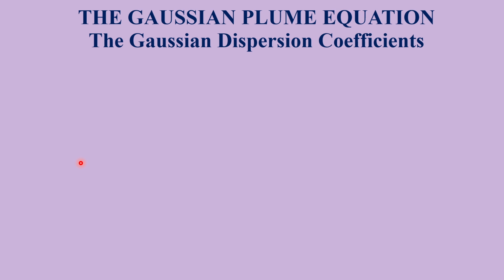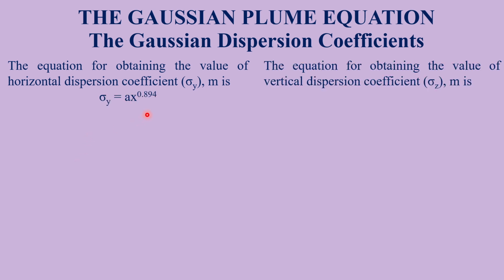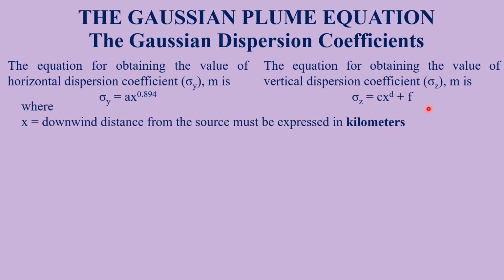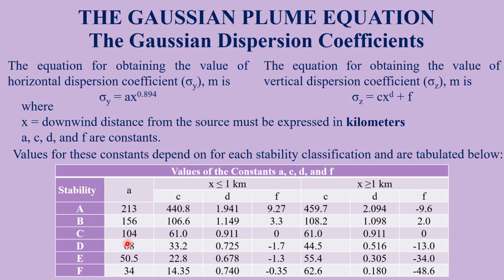Now, to estimate horizontal dispersion coefficient sigma y, we use this formula, and for vertical dispersion coefficient we use this formula, where x is the downwind distance from the source, which must be expressed in kilometer, and a, c, d and f are constants and they depend on atmospheric stability. The value of a is only used for the determination of horizontal dispersion coefficient.